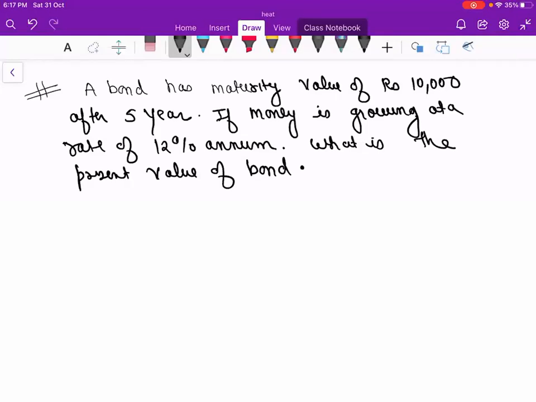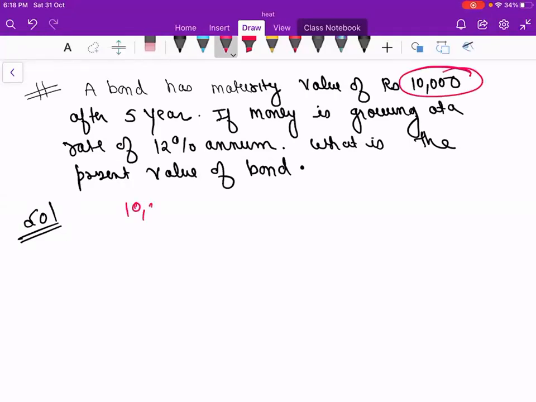Okay, see the solution. See what is given. A bond has a maturity value of 10,000. Basically it means, is it present value or future value?